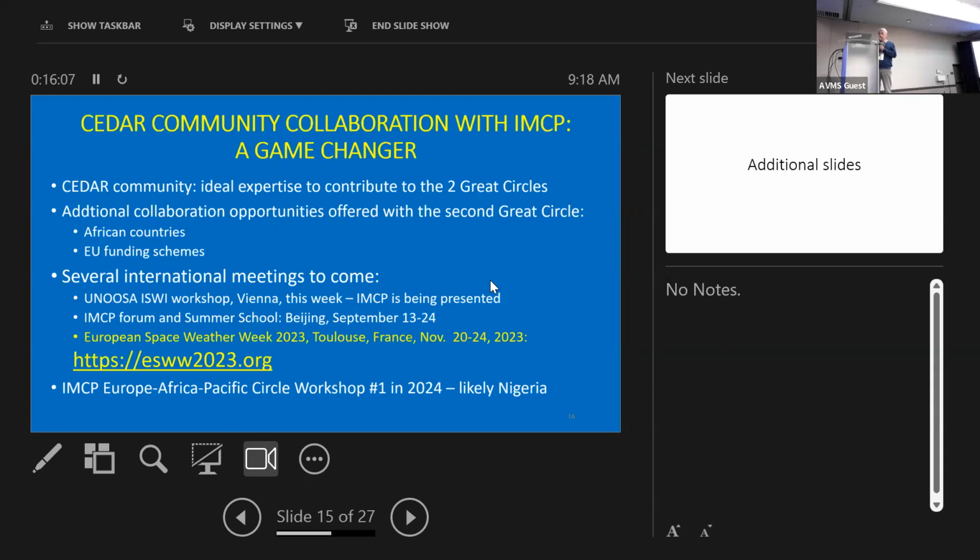Of course, one of the circles runs through the two Americas, the other one through Europe and Africa, so this project will offer collaboration with African countries, and there are already many collaborations with African countries from American institutes. And we are looking for solicitation of European Union funding schemes to really collaborate between Europe, Africa, and the other big spacefaring countries in the world.